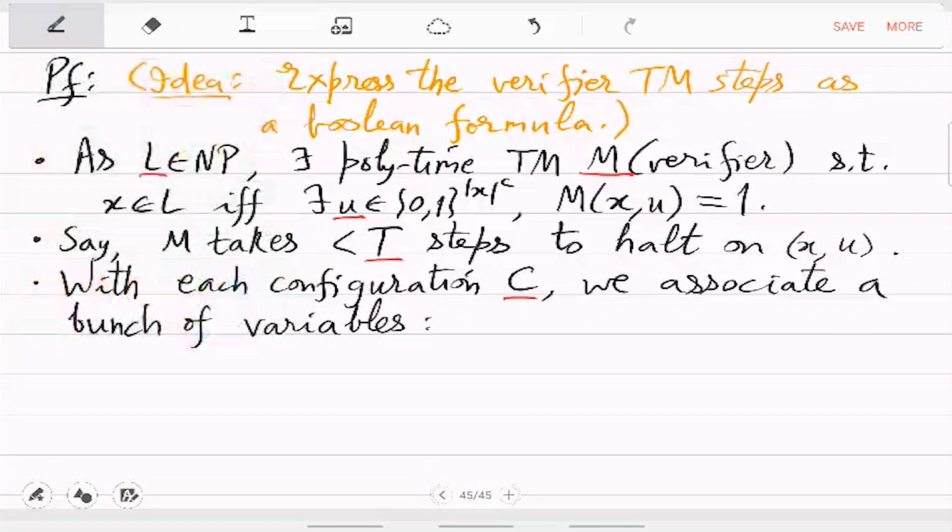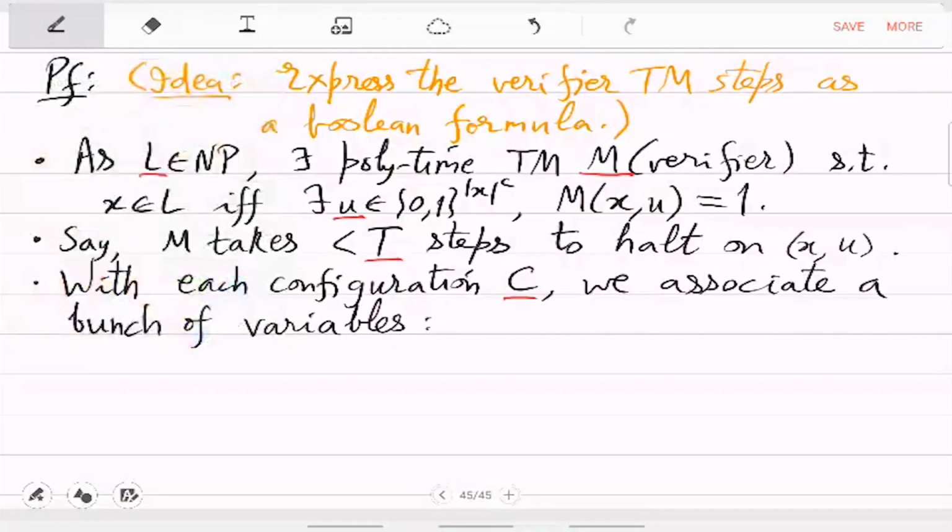It's a snapshot of the Turing machine execution, right? So in particular, what is the state? What is there on the input? Where is the input tape head? Where is the work tape head? What is the work tape string? Yeah, so that exactly defines a configuration.